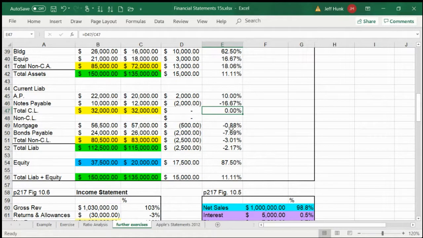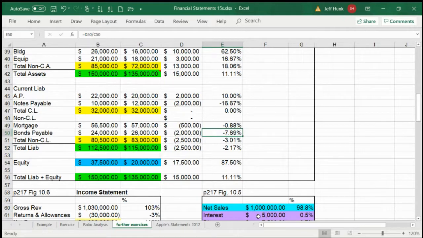And then we move on to long-term debt, or non-current liabilities. That was a decrease in mortgage, right? That's a good thing. As your mortgage goes down, your mortgage payment goes down too, right? It decreases your financial distress, financial burden. Bonds payable decreased by 7.69%.